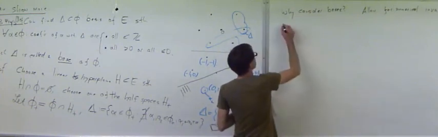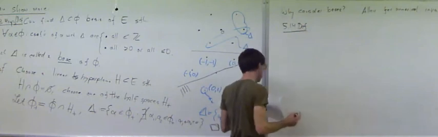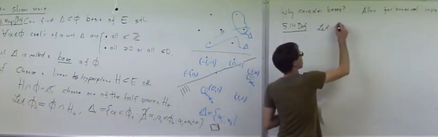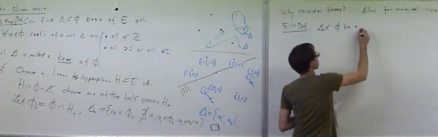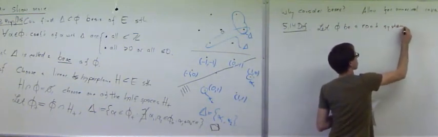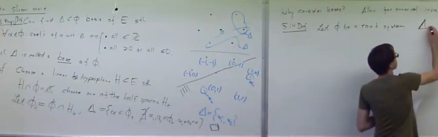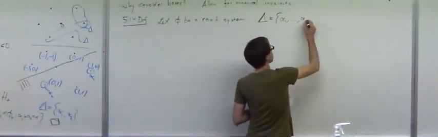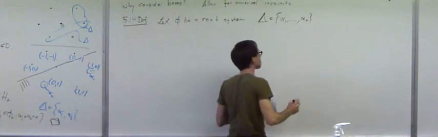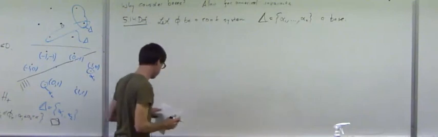So how does this work? With the following definition. I fix a root system phi, and set alpha 1 through alpha n a base of the root system.